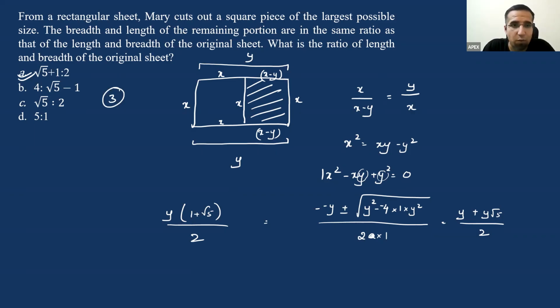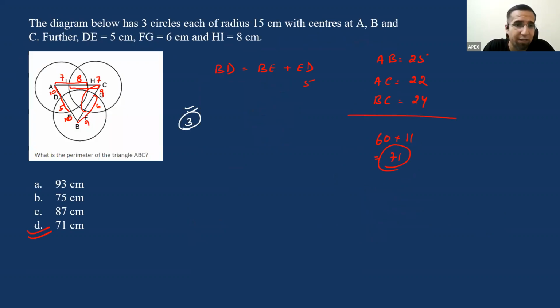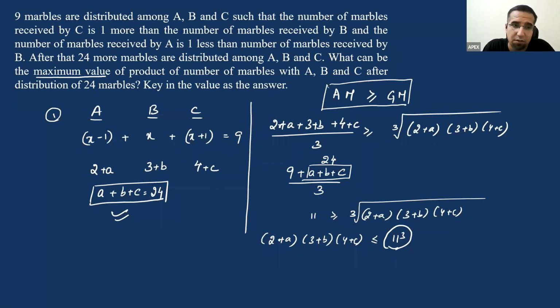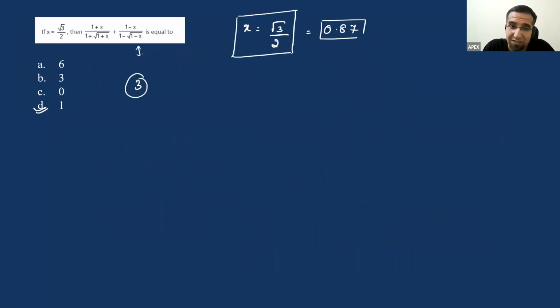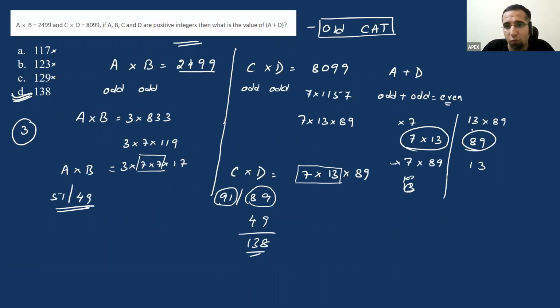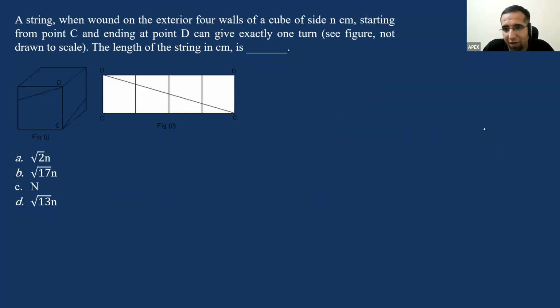So for batches 1, 2, 4 and weekend, 3 marks, 6, 9, 12, plus 3 becomes 15, and 15 plus 3 becomes 18. So for batches 1, 2, 4 and weekend, where geometry and mensuration has already been completed, till this question 18 marks, and this question should have further given you 3 more marks, because it is a very simple question.